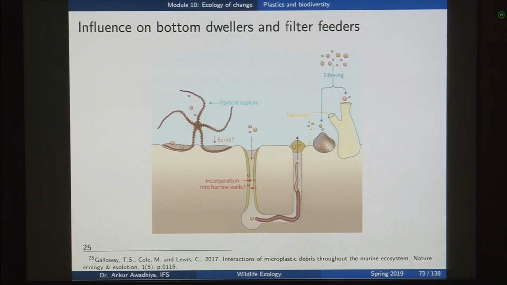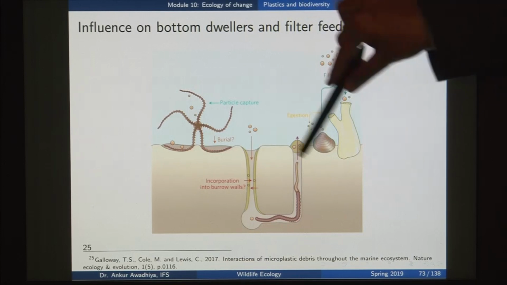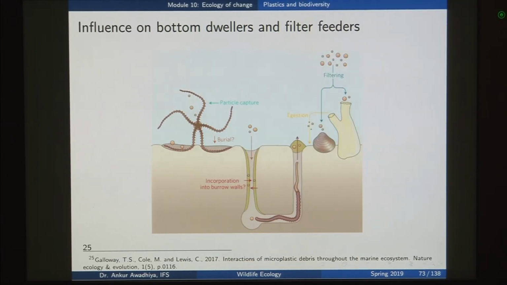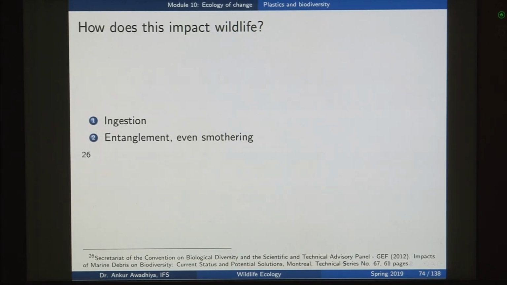So, these plastics are not just floating on the top surface of the ocean, they are able to move down along with the feces, along with the marine snow, and even when they are down, they are influencing the organisms that are a part of the ocean ecosystem, and they are even able to get down into the seabed with these organisms. So, here we can see that there is a huge impact on the wild organisms or on the ecosystems. So, the first one is ingestion, the second one is entanglement or even smothering of the animals.